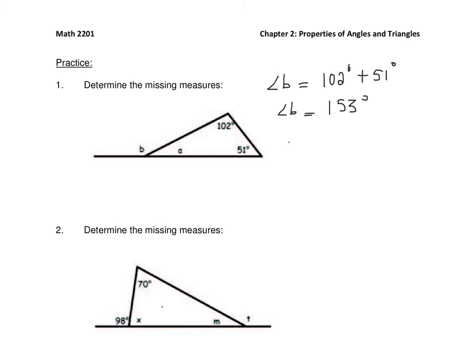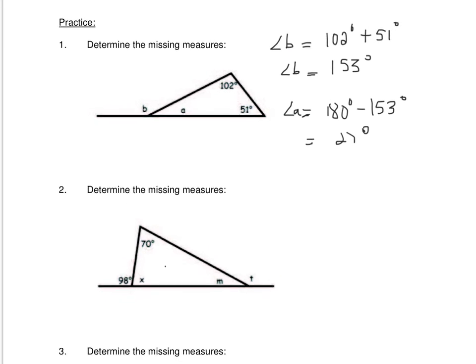And angle A, you can either find using angle B, because B and A have to add up to 180, or you can use the sum of the angles of the triangle. And it's probably just as quick to use angle A equals 180 minus the 153, which is going to be 27 degrees.